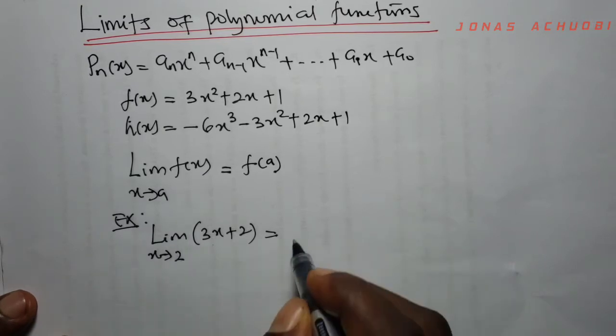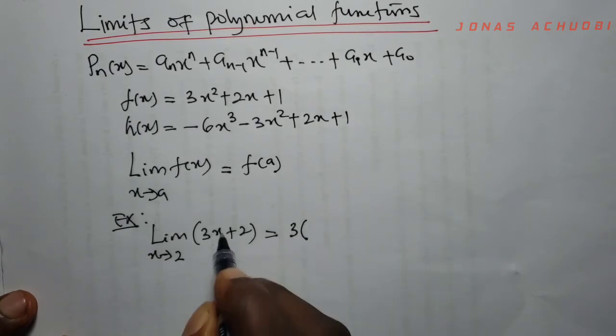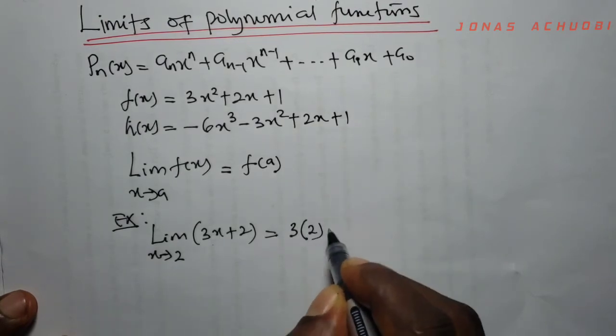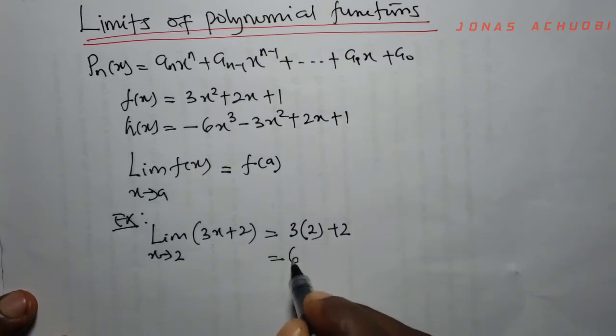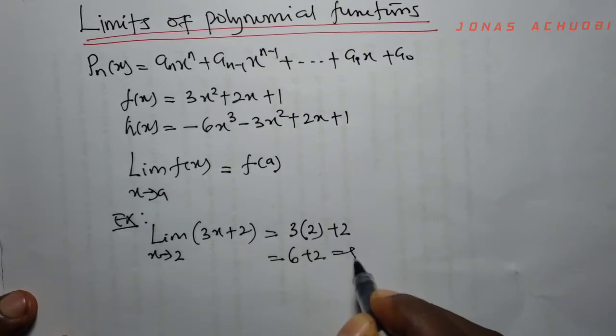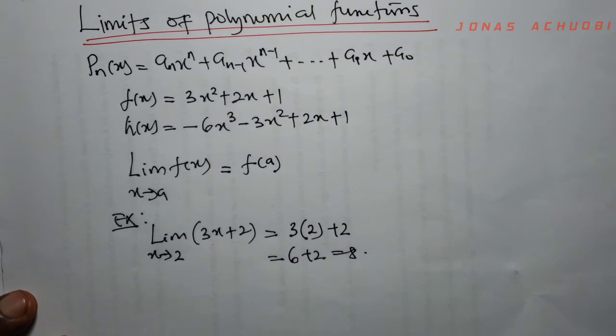So this limit will now give us 3 times 2 plus 2, which is 6 + 2 = 8. Hence, the limit of 3x + 2 as x tends to 2 is 8. Meaning, as x gets very close to the number 2, 3x + 2 gets very close to the number what?